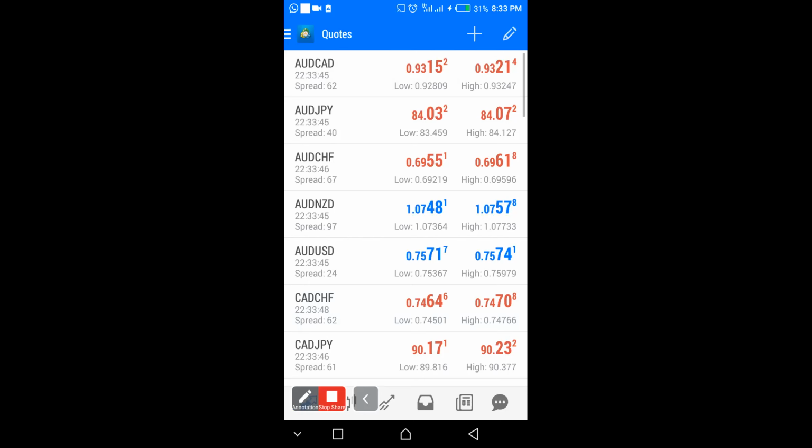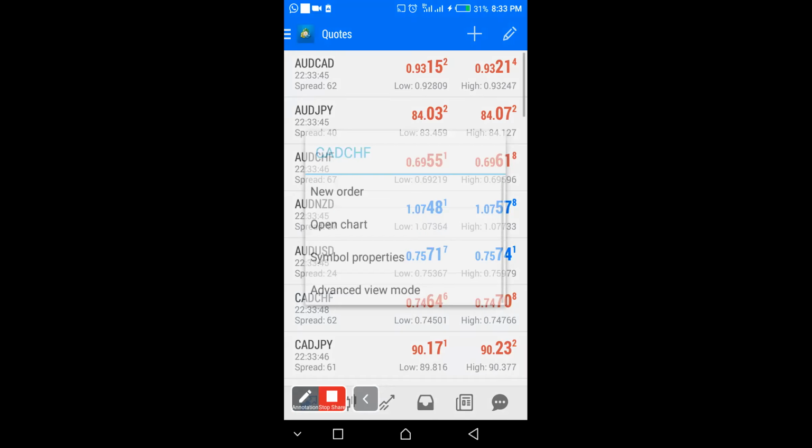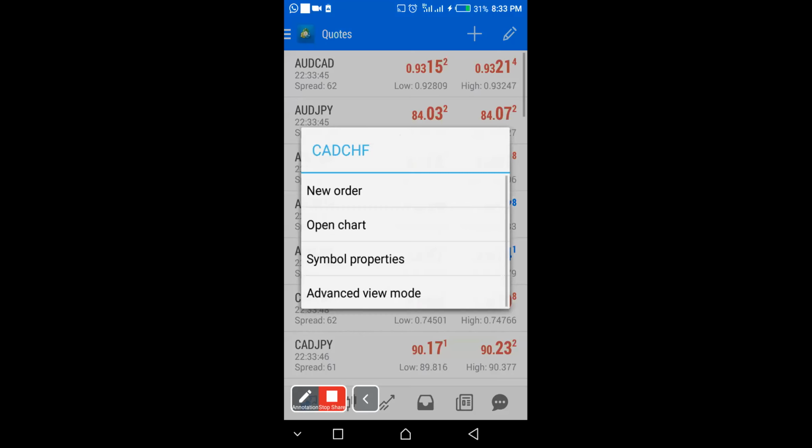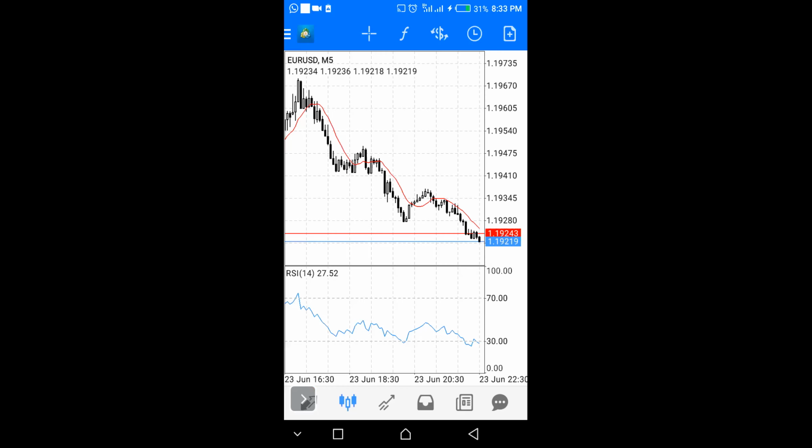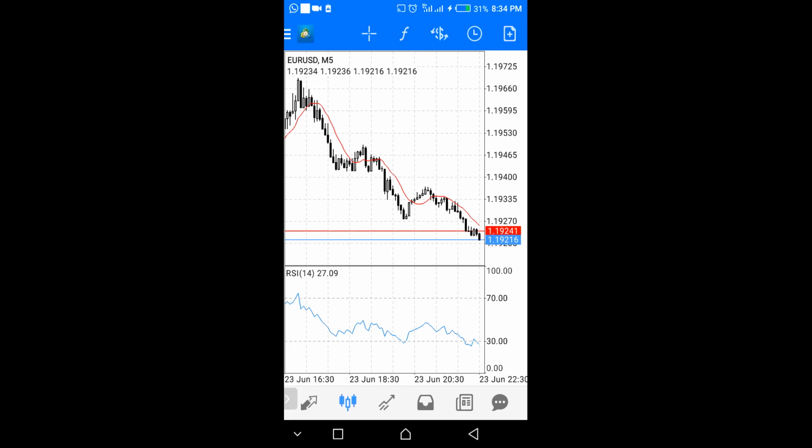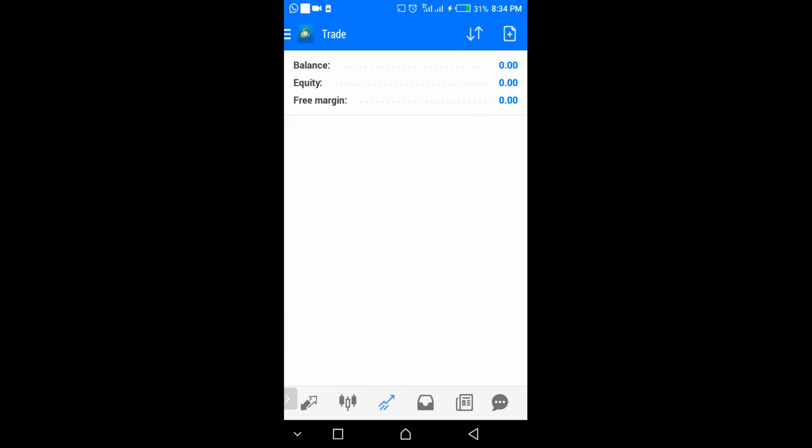Yes, I'm with you, sir. Drag that thing up. Oh, you have clicked on the currency pair. Oh, okay, that's good. That's beautiful. This is your chart. Click on the third one, please. Are you sure this is not your live account? No. Okay. So click on the fourth icon, please.